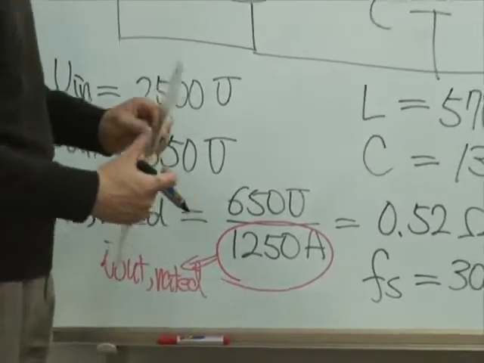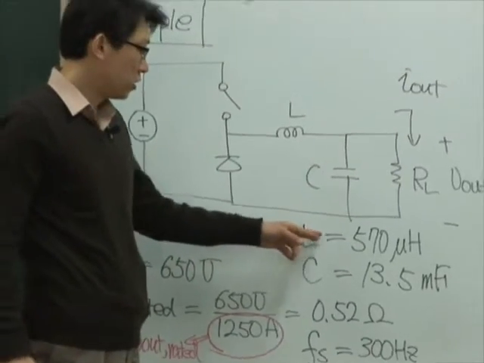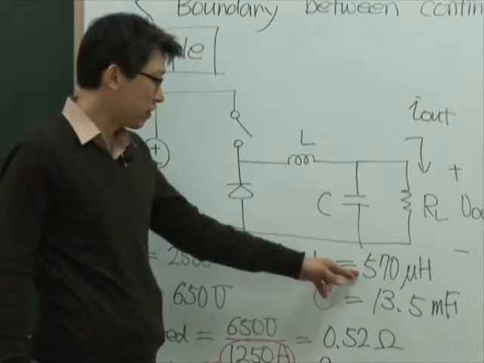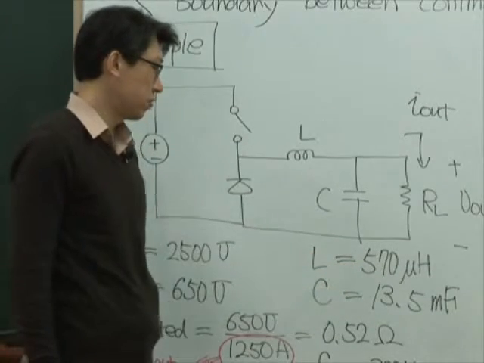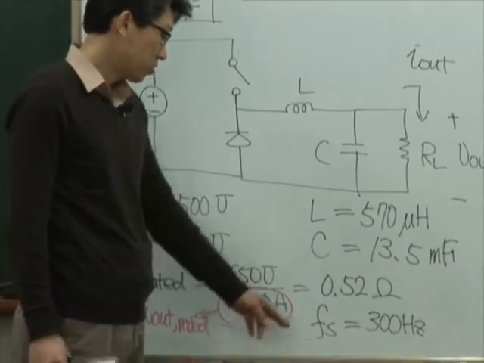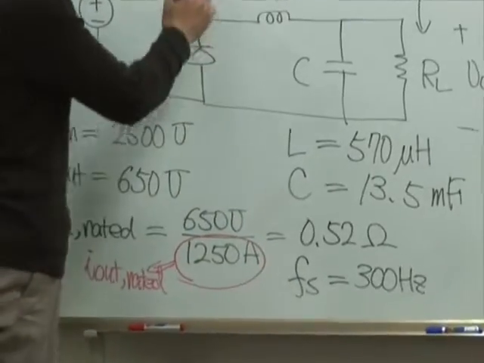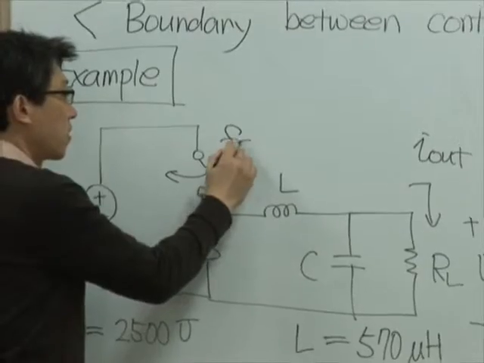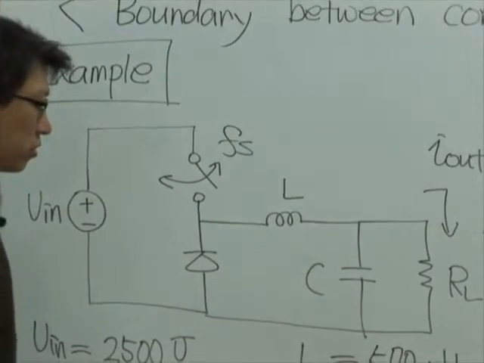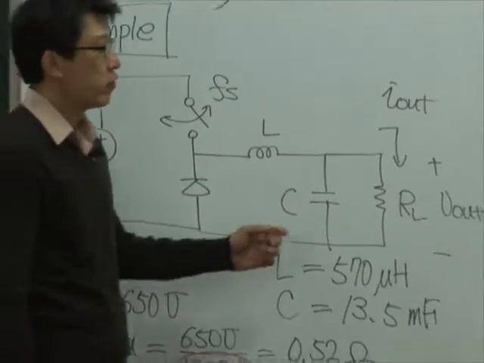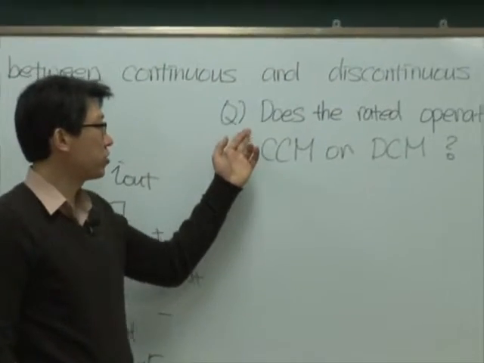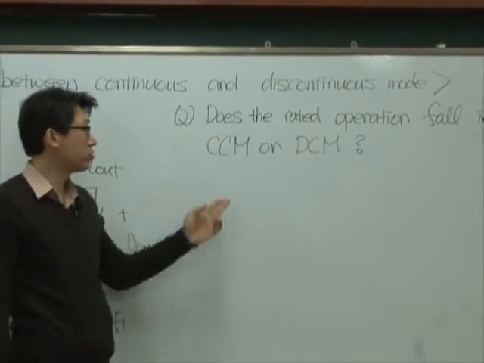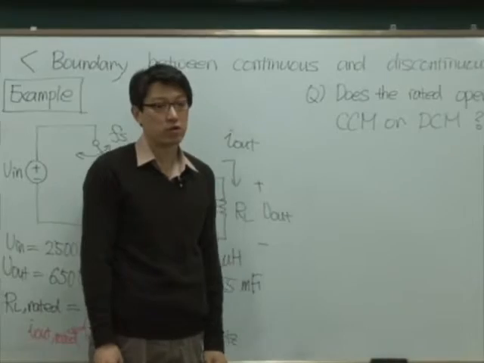And the filter values, L is 570 microhenry and C is 13.5 millifarad. And the switching frequency of this switch is 300 hertz. Now, if I repeat the question again, does the rated operation fall into CCM or DCM? Okay.